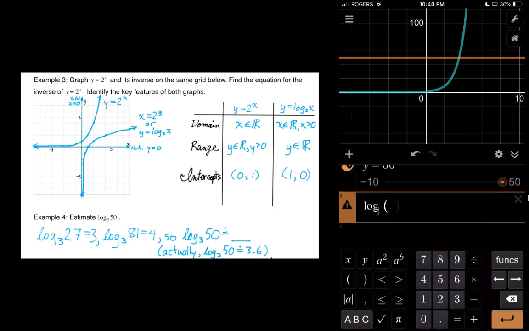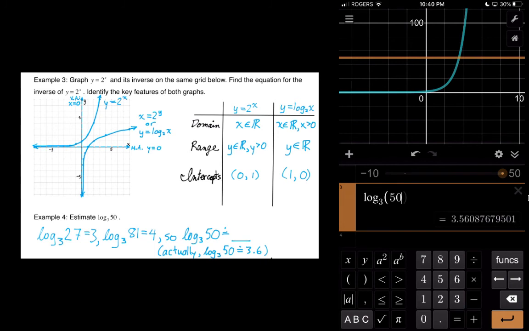And the mirroring is not working. There we go. So log base a, and you choose a equals 3. And now you specify the argument of the logarithm, which is 50 in this case. So log base 3 of 50 will give you the same result, approximately 3.6.